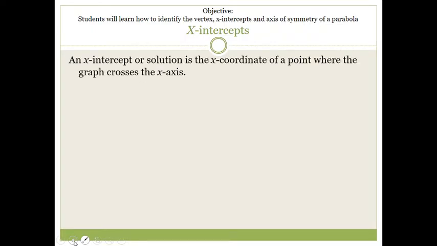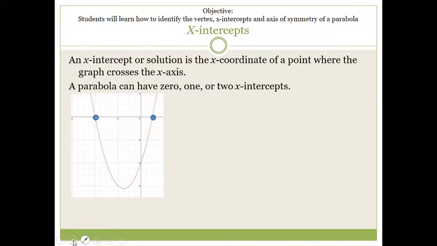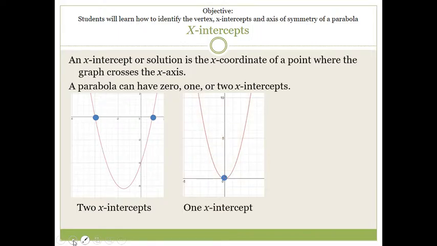An x-intercept, solution, root, zero, is the x-coordinate of where the graph crosses the x-axis. And a parabola can have 0, 1, or 2 x-intercepts, as demonstrated by these examples below. Here in this first one on the left, you'll see that we have a graph that's crossing the x-axis twice.